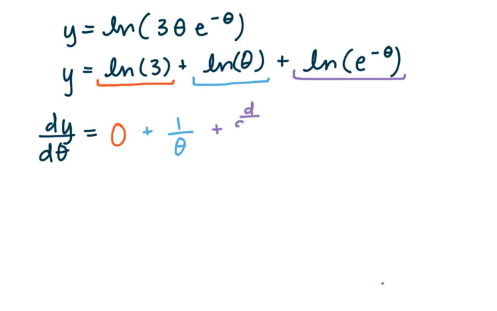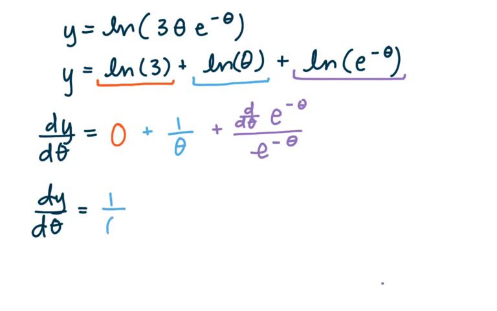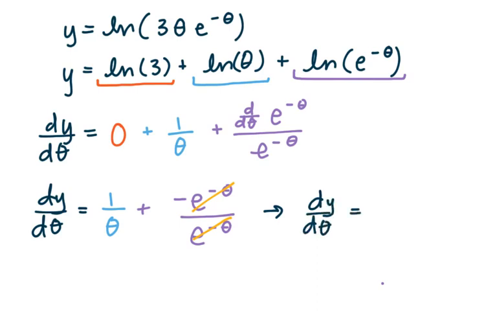So that would be d d theta of e to the negative theta over e to the negative theta. Simplifying this, dy d theta equals 1 over theta plus the derivative of e to the negative theta. We did that in the first part of this problem, but it would be negative e to the negative theta over e to the negative theta. Those would cancel, and we could rewrite this as dy d theta is 1 over theta minus 1.